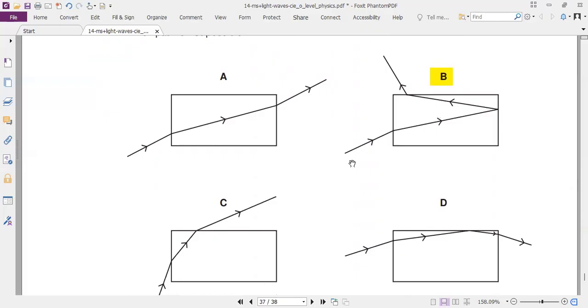What's happening here? Well, very strange. We have a ray coming in, the ray is refracting, okay, and then the ray is totally internally reflecting. Well, if it was totally internally reflecting, why is the angle such a small angle? And also, if it is totally internally reflecting, it's going to go like this.